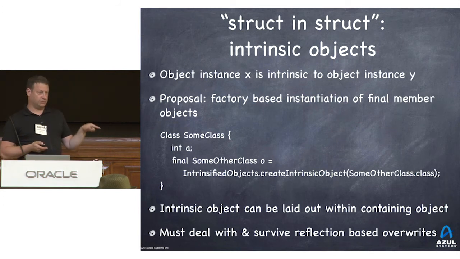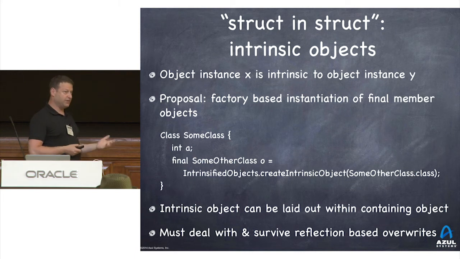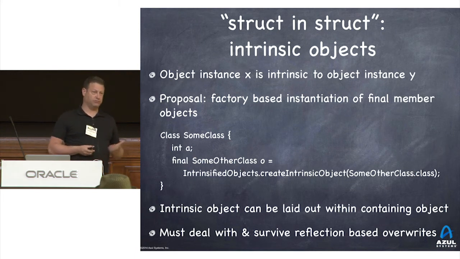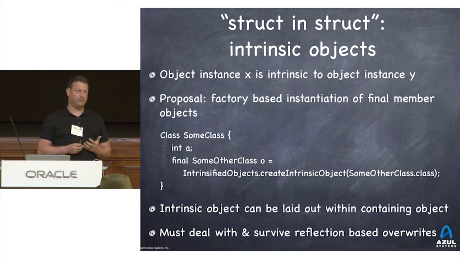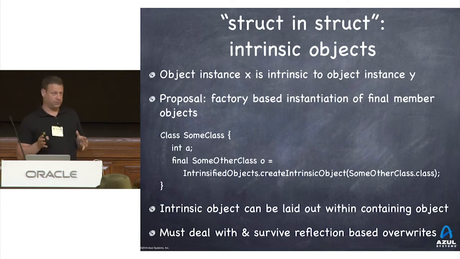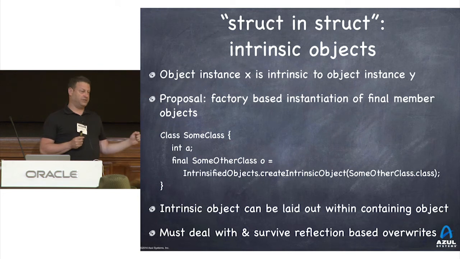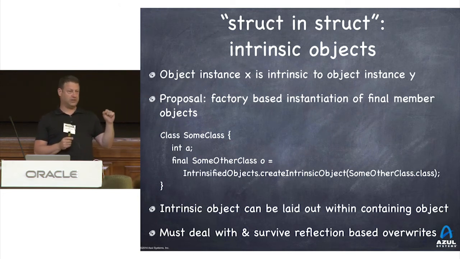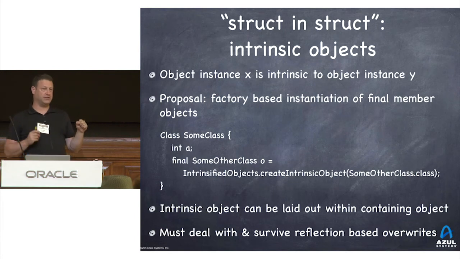You have to deal with this. In this, one of the challenges is that we have to deal with and survive the situations where reflection overrides the private and final behavior of fields. Which is why what we probably will end up doing is retain the reference from Y to X. So there will be a reference right there. This will actually be a reference, but X will also be inside.